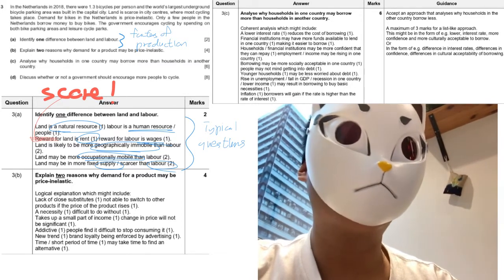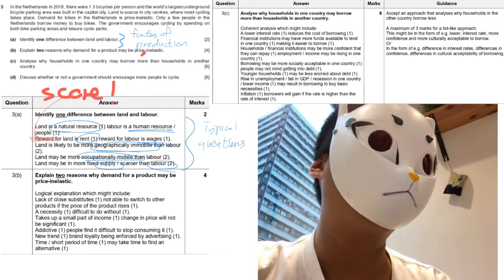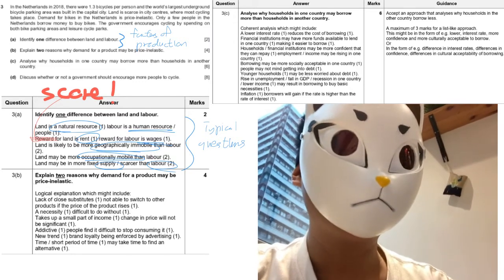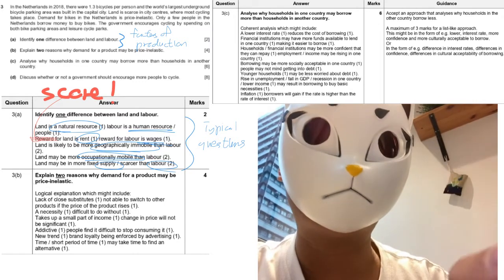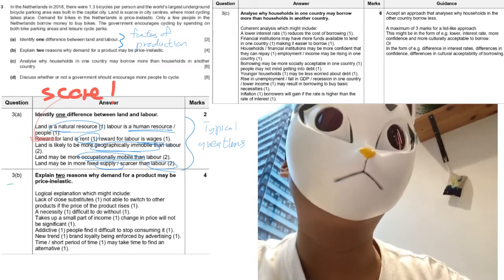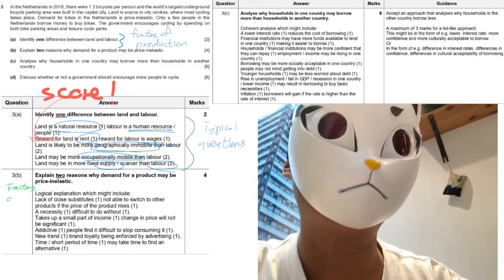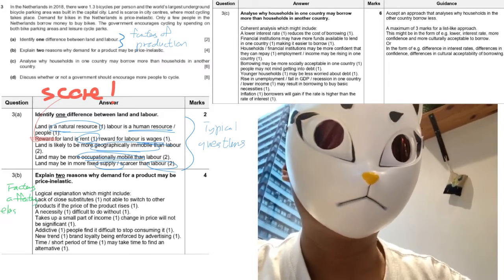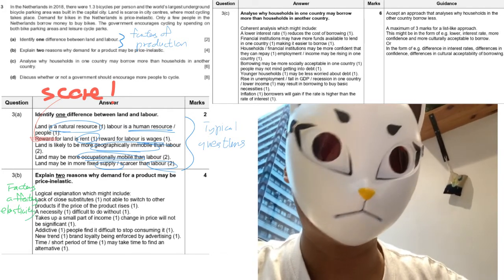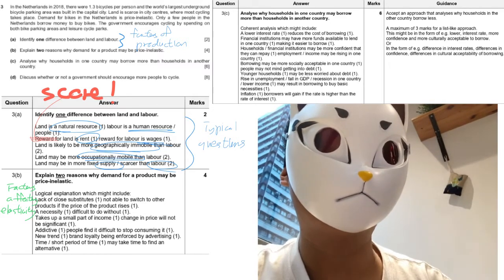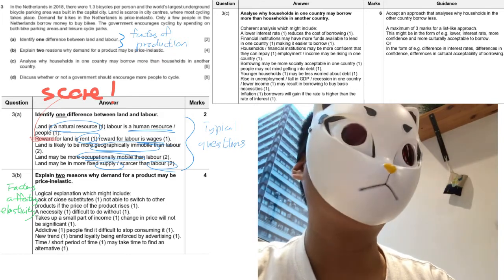For 3B, the reasons why the demand for a product may be price inelastic. For this question, indeed, it addresses the factors affecting elasticity. You might refer to your textbook. These include whether the goods are durable, whether there are any close substitutes, whether there is any necessity to use it.